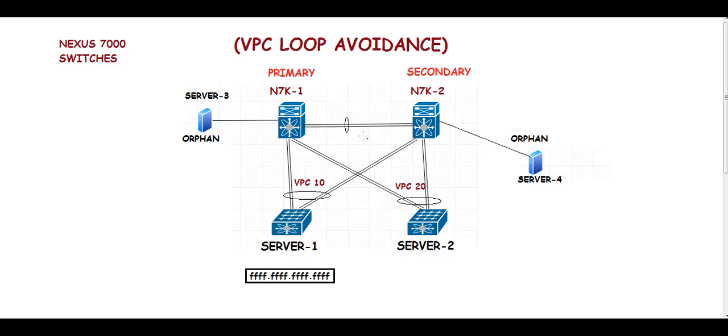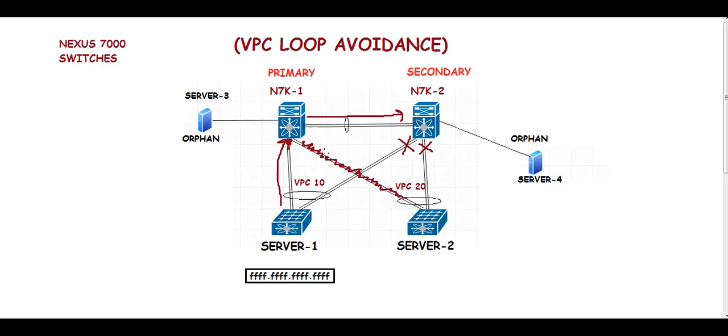You can also consider it like this: any traffic which enters from a VPC member port and travels over the peer link is not allowed to go to the VPC member ports unless there is a link down or something in the VPC.